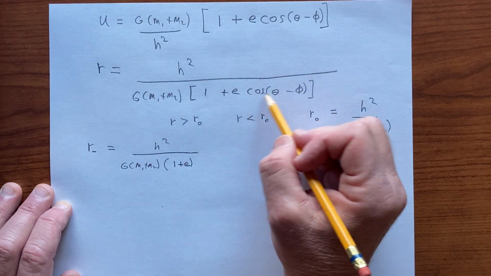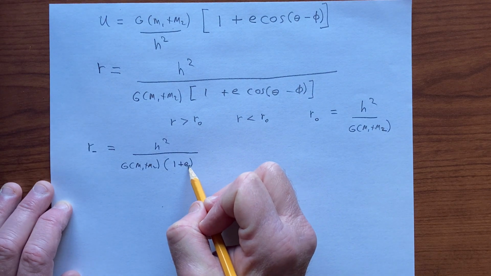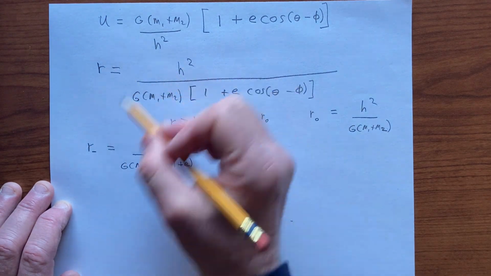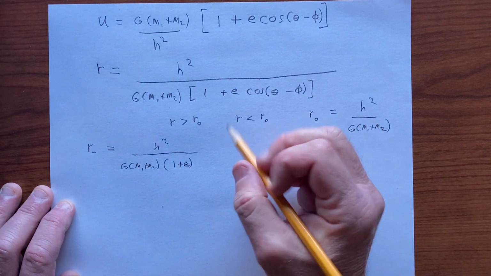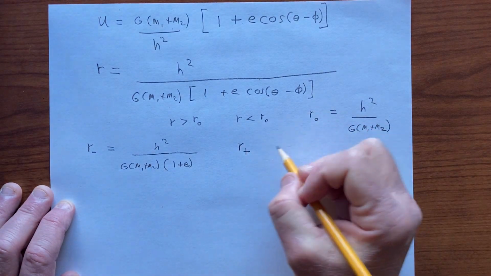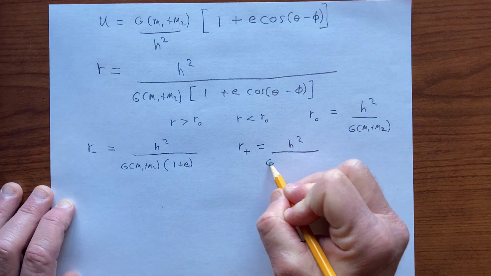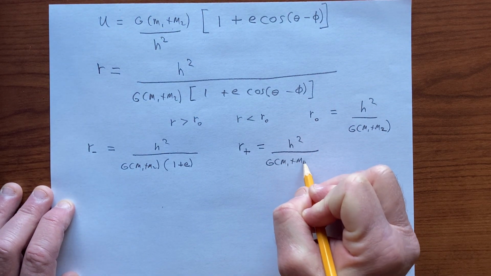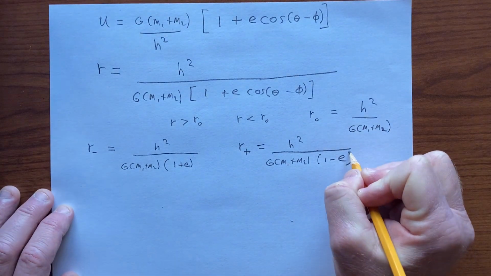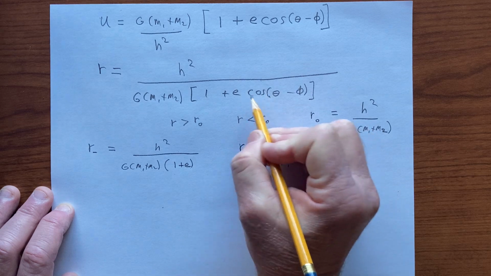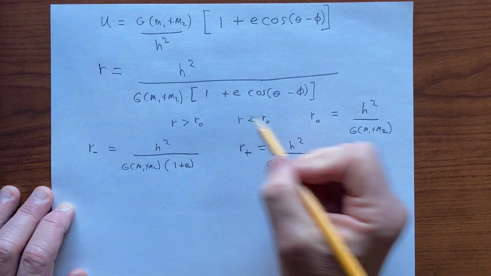So we want to add plus 1. And so this is 1, and so we add e. And so r is as small as it can be in that case, and we can call that r minus. And then we can look at an r plus, and that would be h squared over g m1 plus m2 times 1 minus e. So when we take the minus 1, the smallest that it can be, then we have 1 minus epsilon.